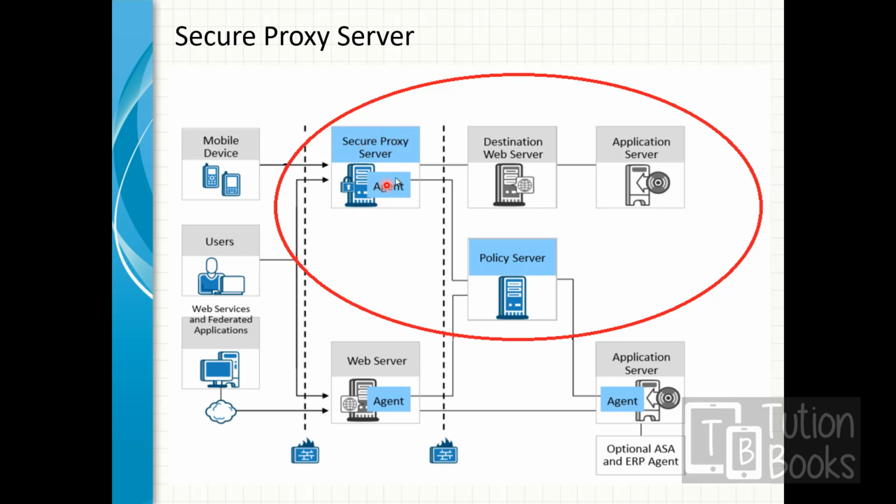The secure proxy server has the agent that will contact the policy server for authentication, authorization and all. Once this is done by the secure proxy server, it will redirect the user to the destination web server, and the destination web server will serve the request and pass the user detail to the application server to carry on its task or to service the application to the user.